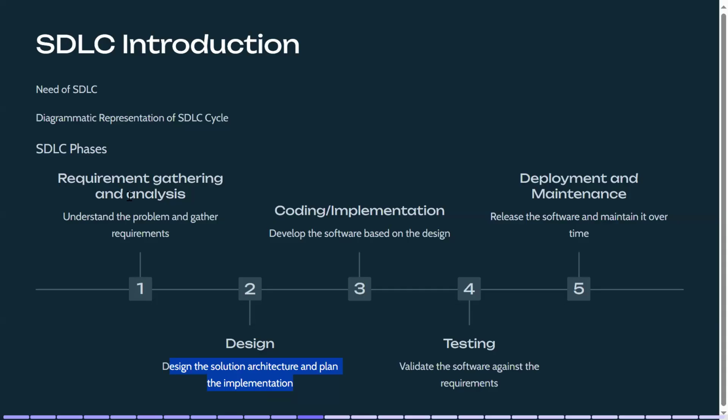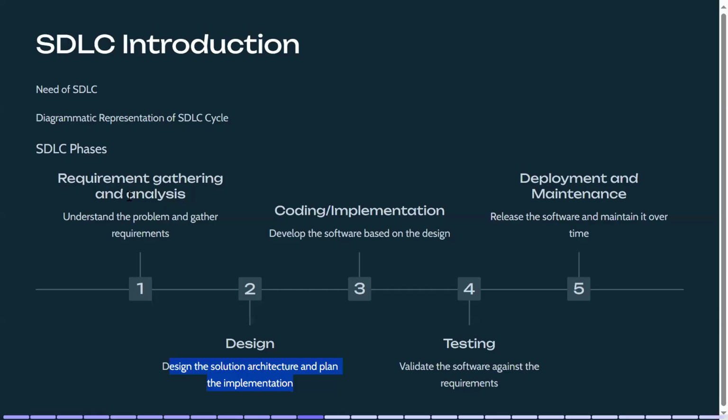Here we have an architect, a developer, and a project manager involved in the design phase, and they will prepare high level design documents and low level design documents that identify the hardware and software specifications.